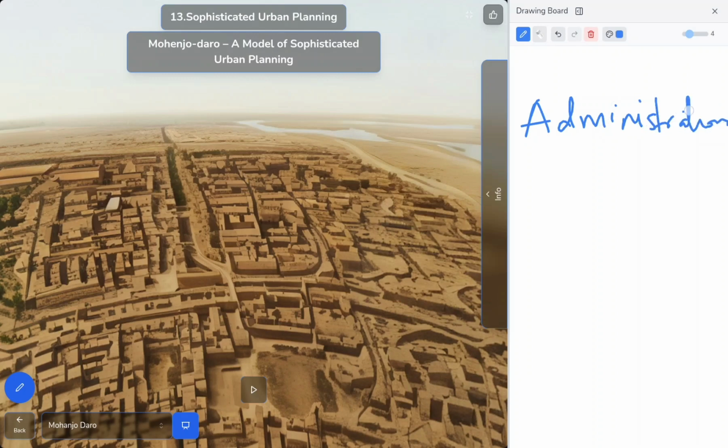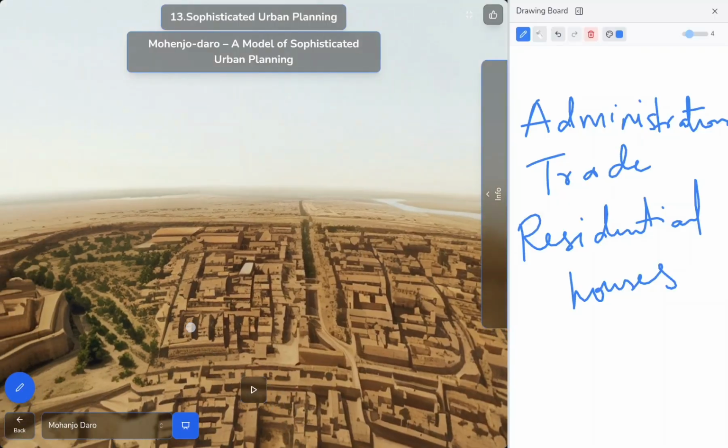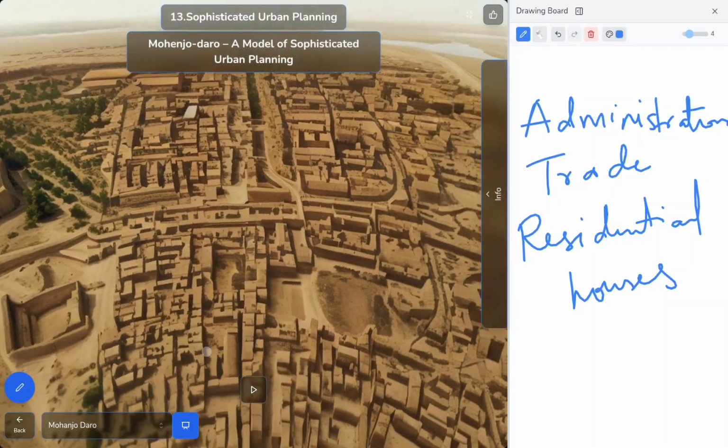Administration, trade, residential houses. Okay, this shows that the people of Mohenjo-daro had a very organized system of urban planning.